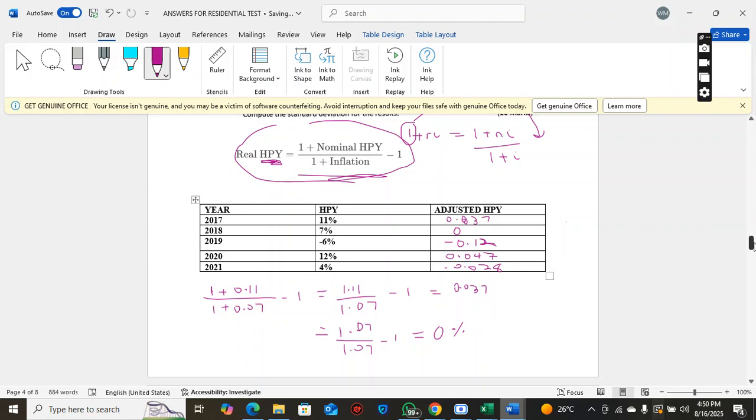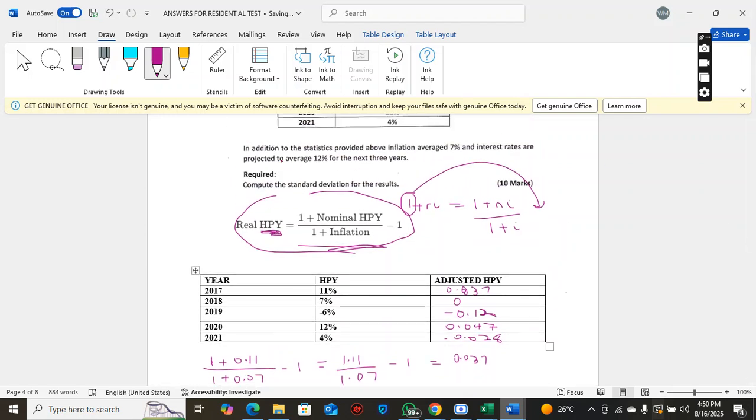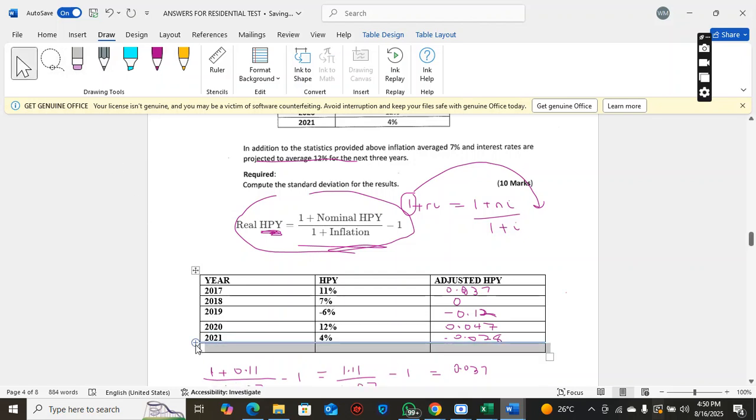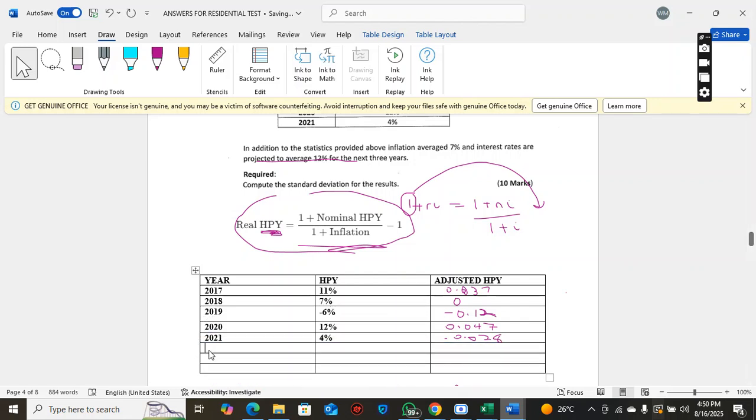In the question it says interest rates are projected to average 12% for the next 3 years. So I'm assuming they're talking about these HPYs. So 2022, 2023, 2024, here 12%.